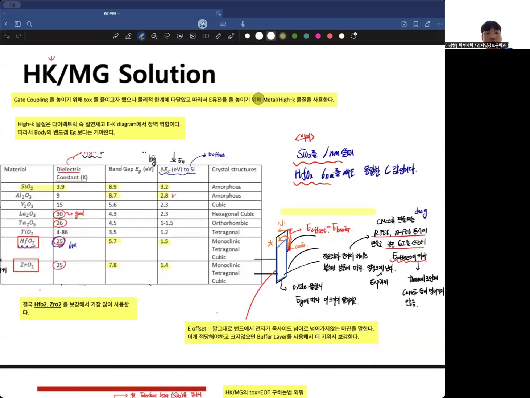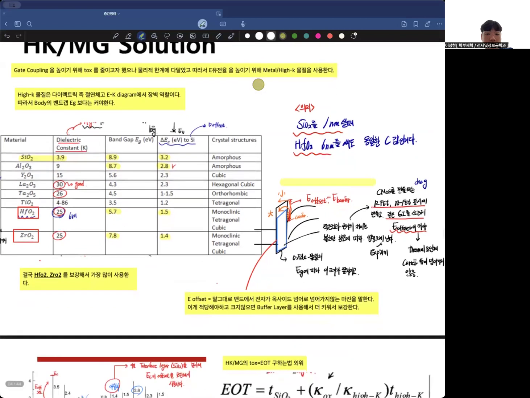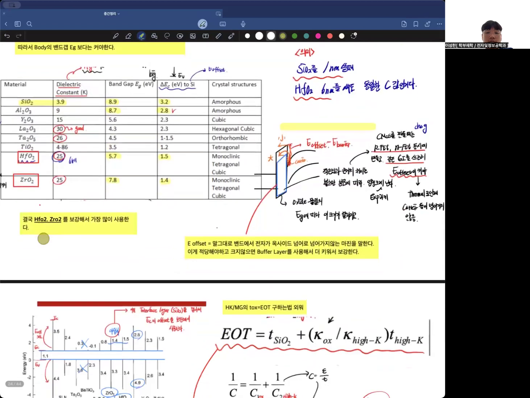We can use the high-K dielectric. High-K with the same thickness gives much better coupling. So we use the metal gate and high-K dielectric for the gate. The most ideal high-K materials are hafnium dioxide and zirconium dioxide.